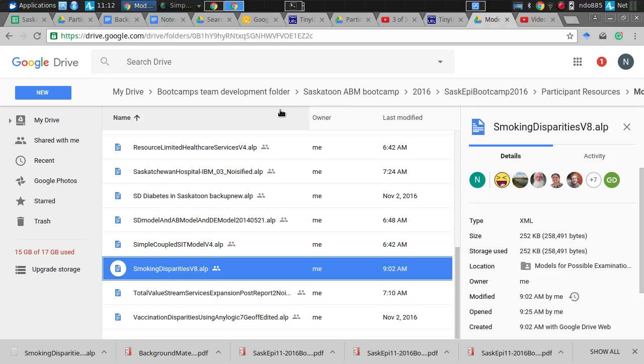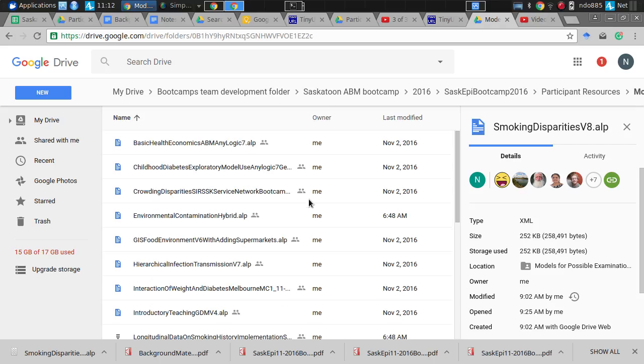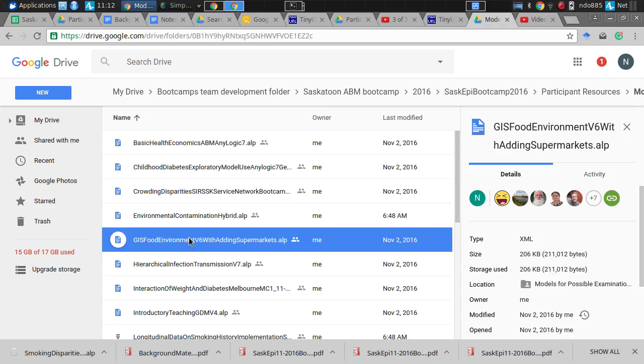So the first thing I'd like you to download would be a model here, which is, okay, let me just locate it here. Right, it's this GIS food environment with adding supermarkets. Do you see that? This is a food environment.